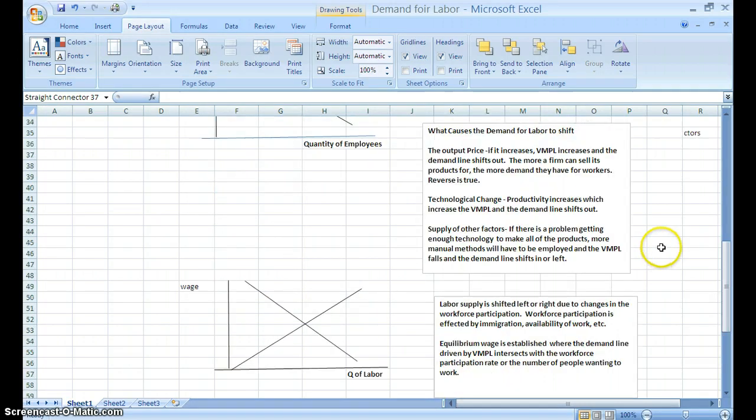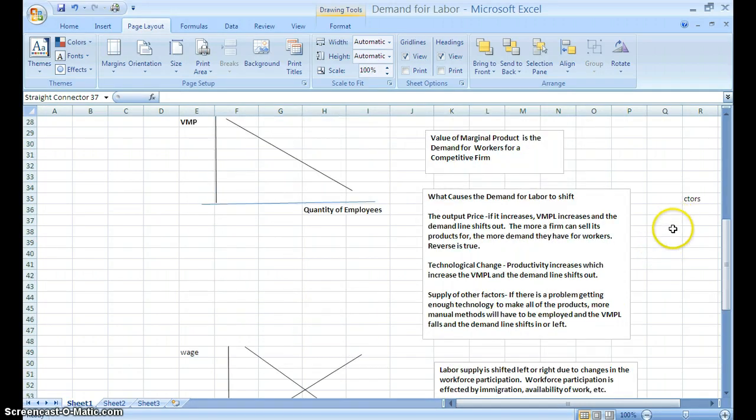What drives the demand for hiring workers? It is the output price. So if I get a lot of money for my output, I am going to have a high demand for workers. I want to keep that money flowing in. I'm going to be in the labor market actively trying to hire people and keep a certain employment level to get that revenue maximized.